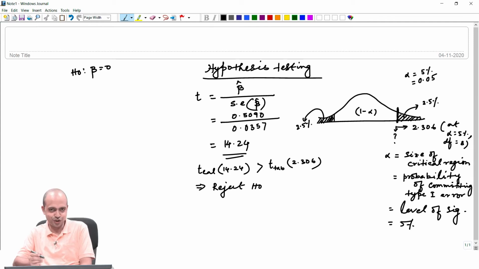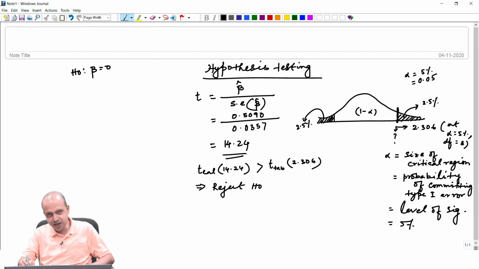If I reverse the question, if the variable is significant at 5%, will it be significant at 1% also? That we may not say anything about, that we have to check, because if you reduce the size of the critical region, then the calculated value may or may not enter into the critical region. It is very simple, right? You increase the size, it becomes easier for the calculated value to enter.